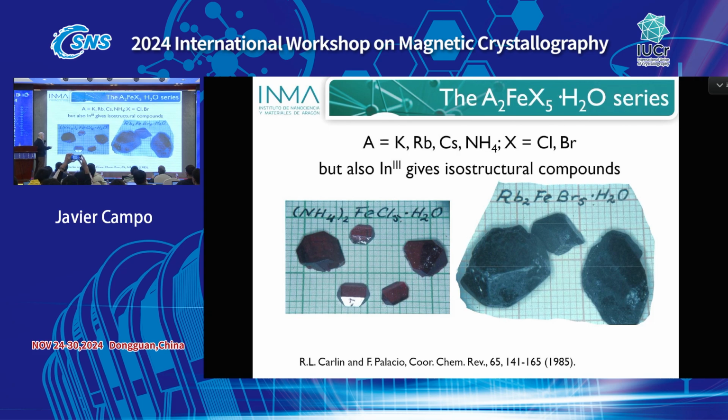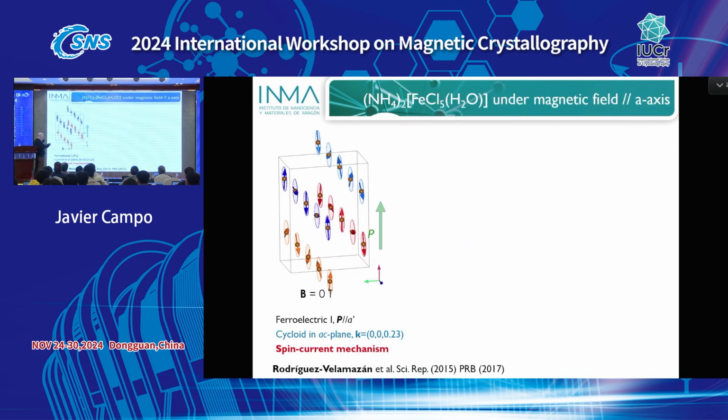We have good crystals, but this compound with ammonium shows multiferroicity below 6.9 Kelvin.